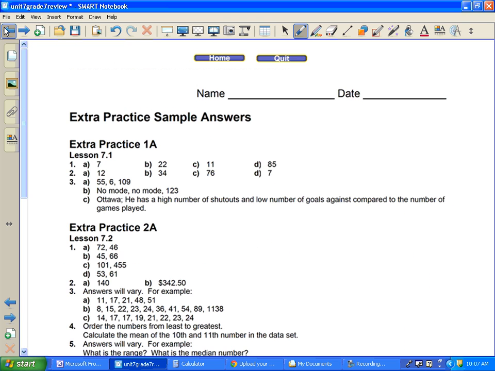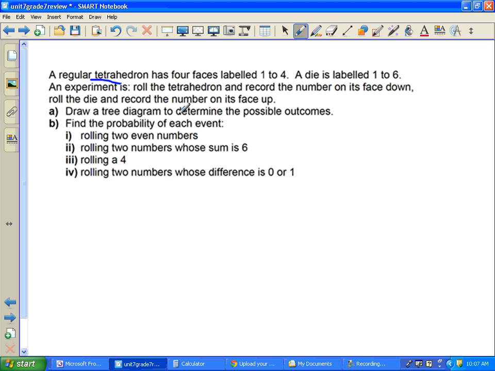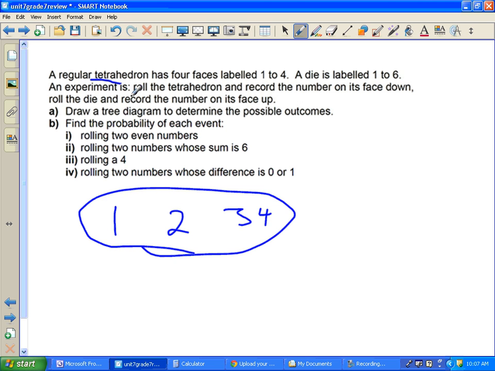Okay. There is one last one. It says a regular tetrahedron has 4 faces labeled 1 to 4. So it has 1, 2, 3, 4. I'm just doing that to think about it so I don't forget. A die is labeled 1 to 6.